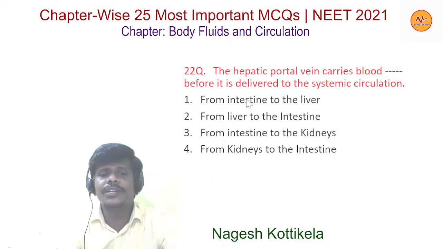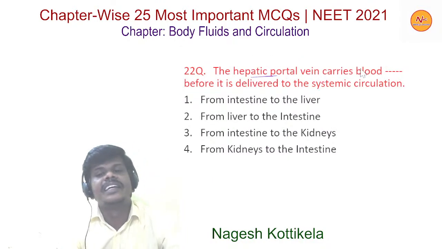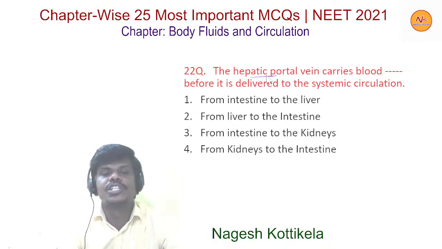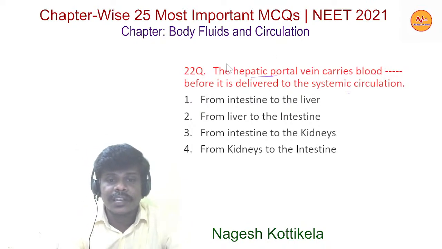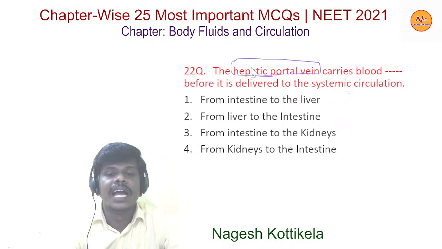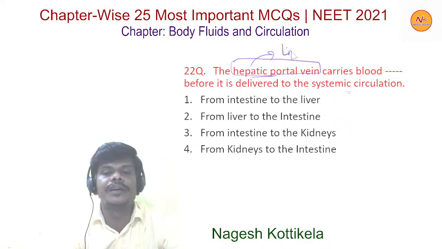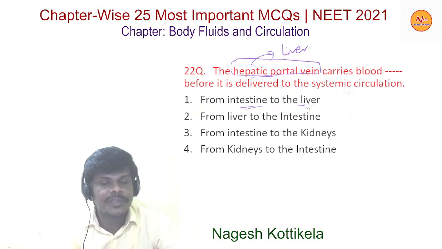Now, moving to the next question. The hepatic portal vein carries blood dash before it is delivered to the systemic circulation. So, here it is about hepatic portal vein. Okay, hepatic is related to liver, remember. So here option 1, from intestine to the liver.